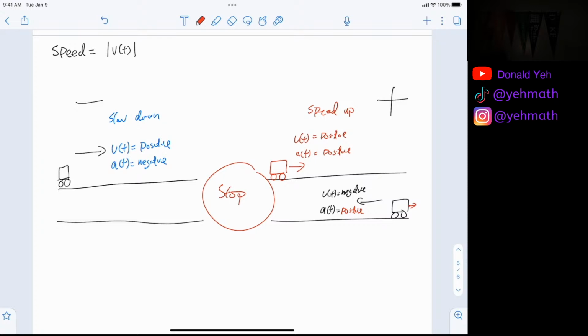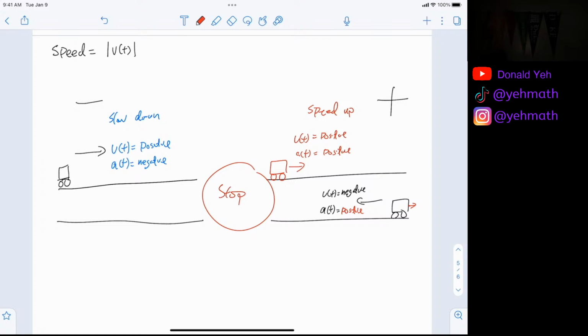Before I get to the stop sign, I am going forward, and my acceleration is going backward, like somebody is pulling my shirt. I'm going forward, and eventually somebody pulls my shirt and slows me down. So the shirt direction is my acceleration. It's going to the left. Does that make sense? Okay. So positive, negative.